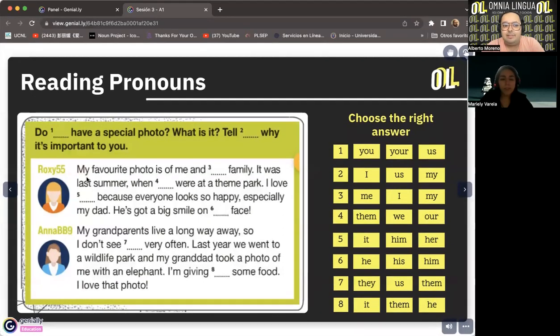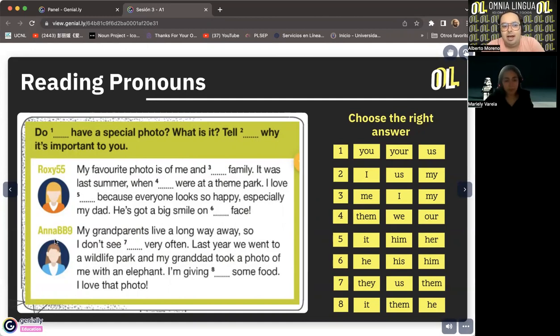Roxy 55 says, my favorite photo is of me and my family. It was last summer when we were at the theme park. I laugh because everyone looks so happy, especially my dad. He's got a big smile on his face.